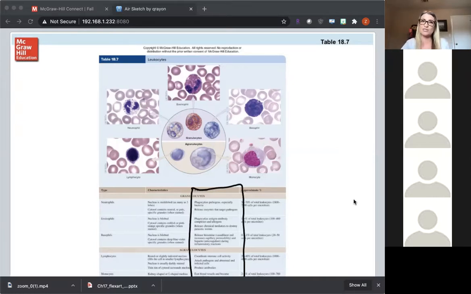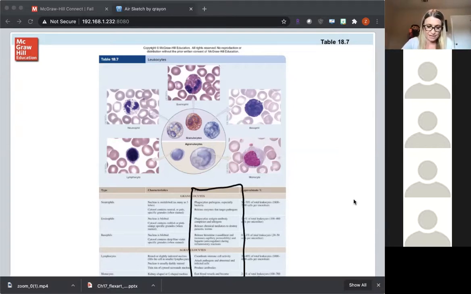And then monocytes are cells that become macrophages. These are large cells that engulf anything that needs to be destroyed. This can be bacteria, viruses, sick cells, remnants of cells, debris that's not supposed to be there. Macrophages do that. So that's what monocytes become, these macrophages.